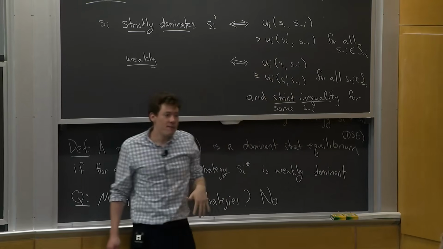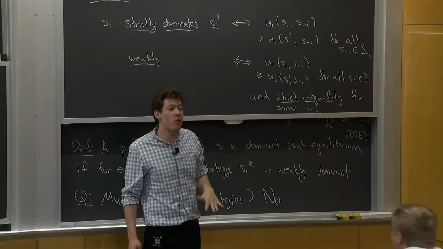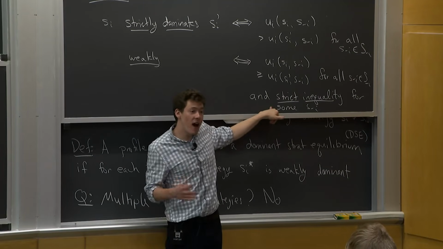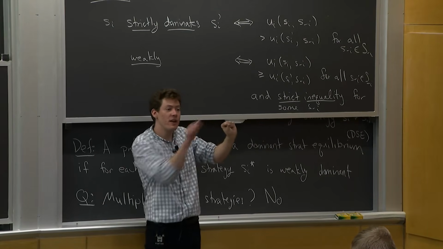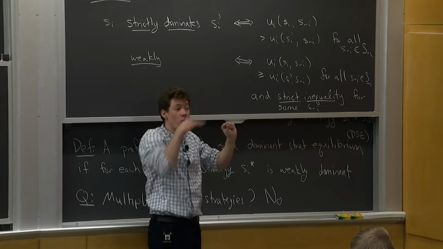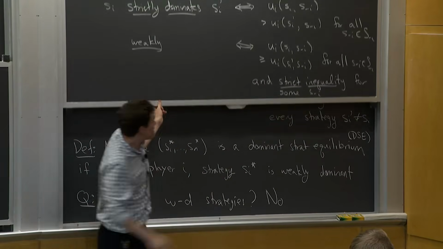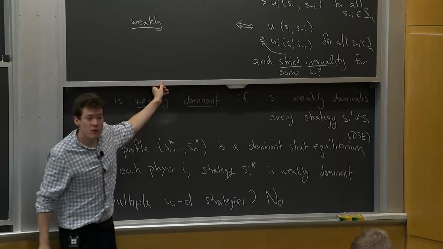Let's say we have 10 of them, and I'm going to go through each of them and ask, does equality hold in every single one of those inequalities? To get weak dominance, equality cannot hold in every single one. Another way of saying it, there must be one inequality where it's strict, but it could be equality in all but one. That's okay. So when I say strict, I'm referring to that being strict. Great. Any other questions?